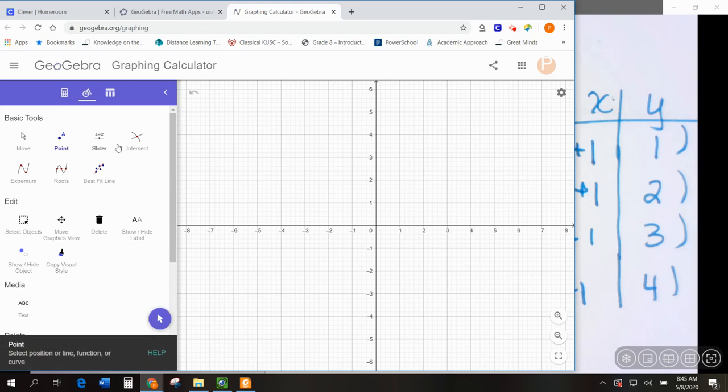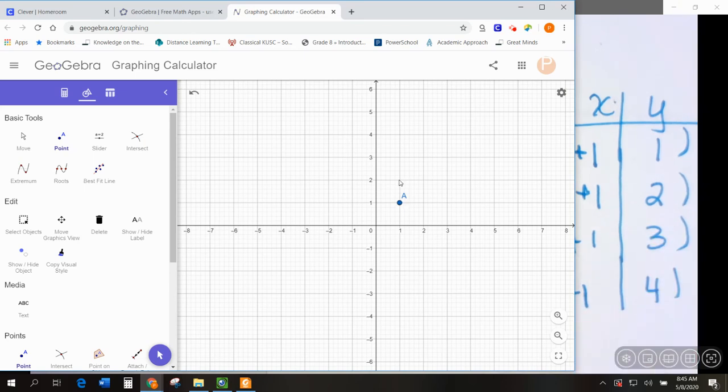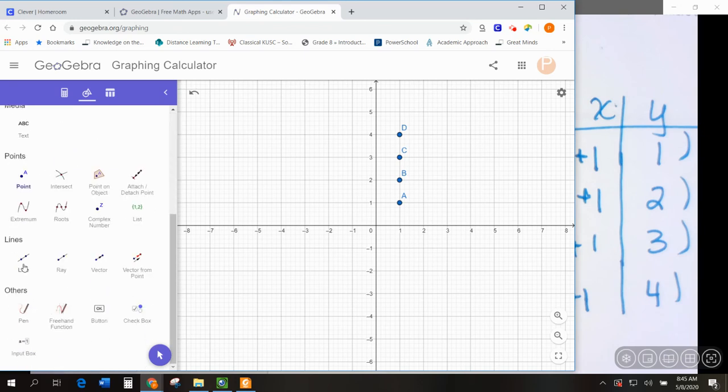So we have 1, 1. We have 1, 2. We have 1, 3. And we have 1, 4. When we graph this line, we get a vertical line.